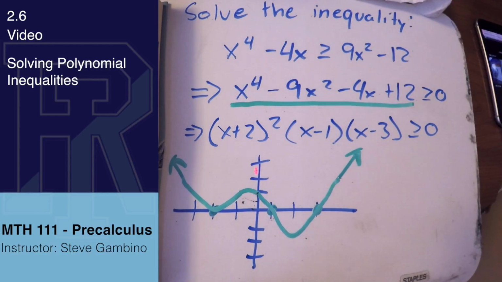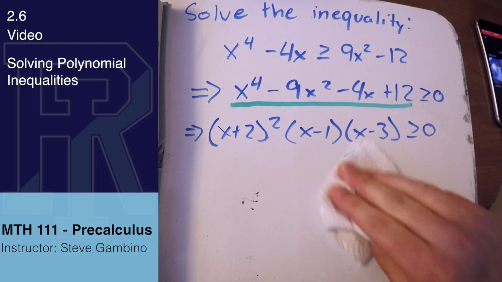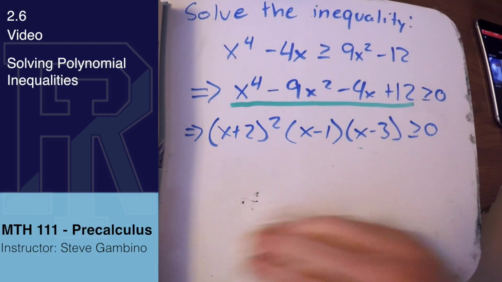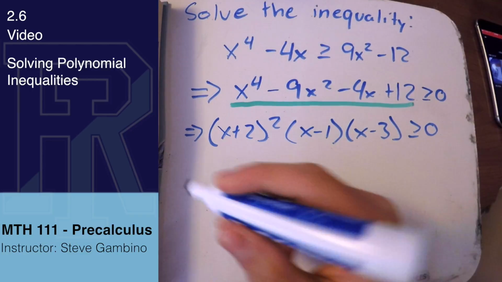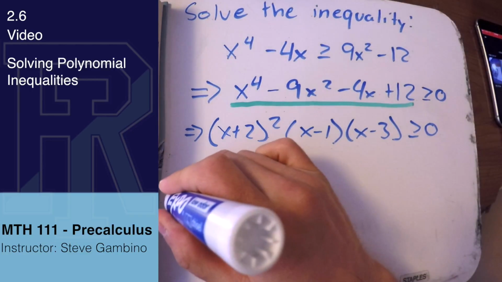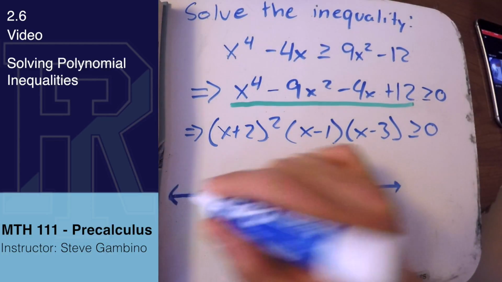We can actually break it down even simpler than that, though, by creating what's called a sign chart. Okay, so if we forget this graph for a moment, we can use that if we'd like to, but if we want to shorten the process a little bit, we'll use what's called a sign chart. Essentially, a sign chart is just a number line.